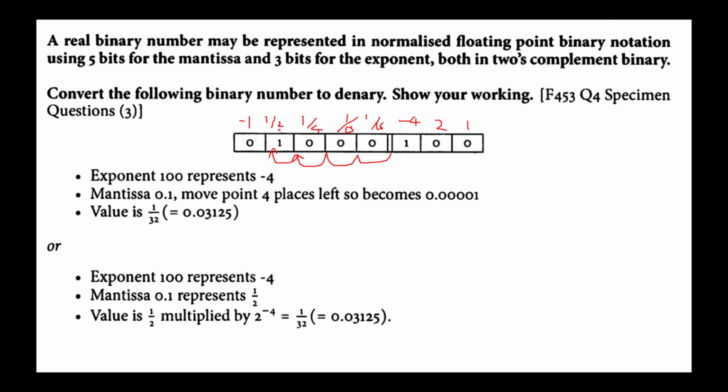So you get that half, and then you multiply it by 2 to the power of -4, which equals that number.